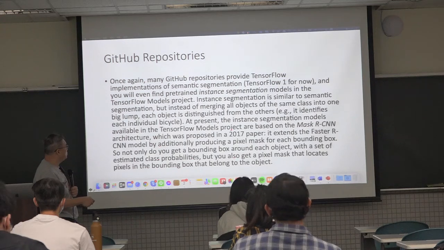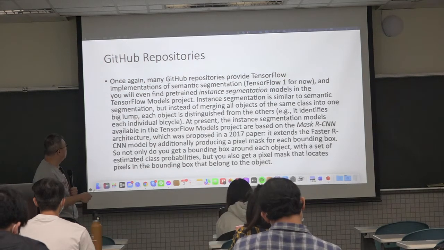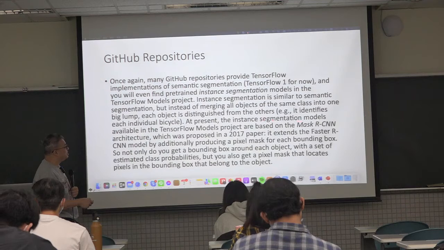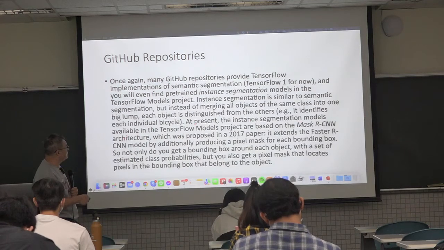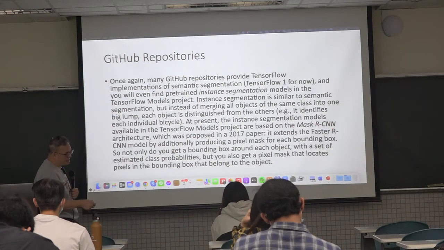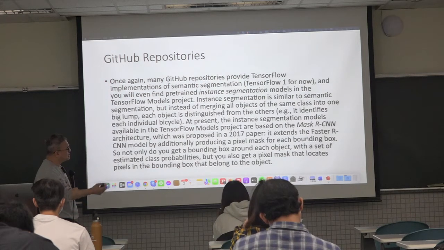At present, the instance segmentation models available in the TensorFlow models project are based on the Mask R-CNN architecture. Mask R-CNN is another model that originated from the R-CNN model, which was proposed in a 2017 paper.